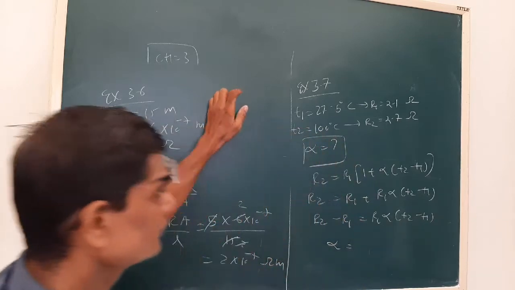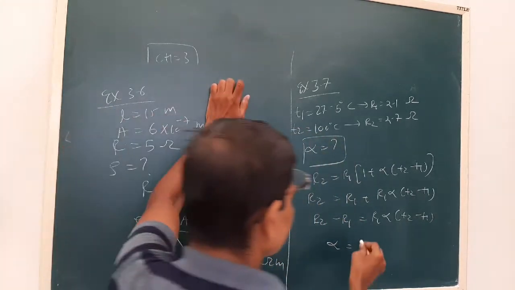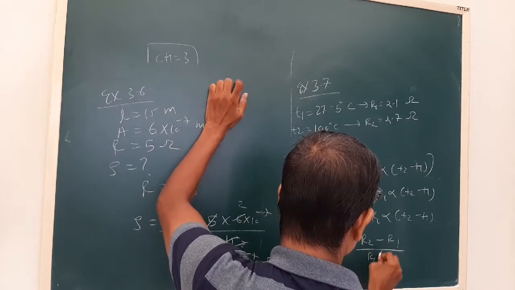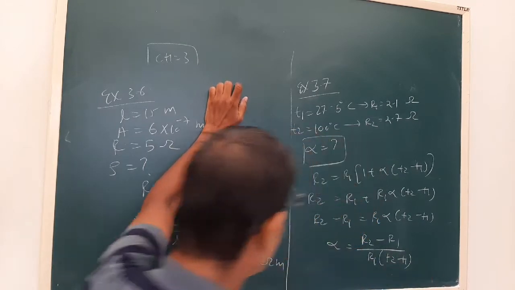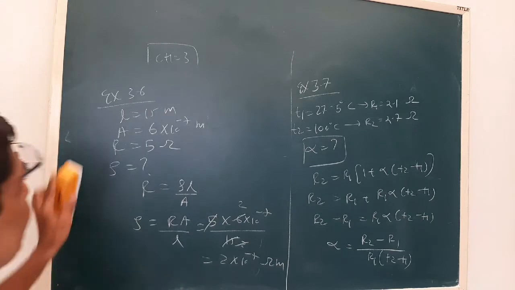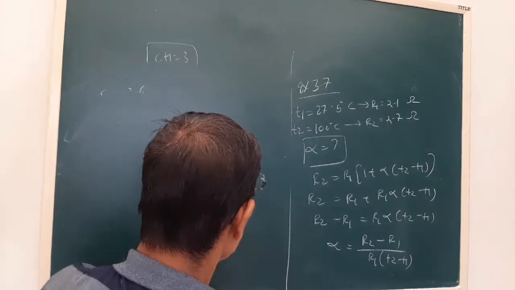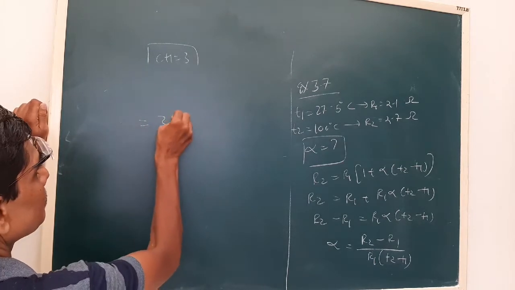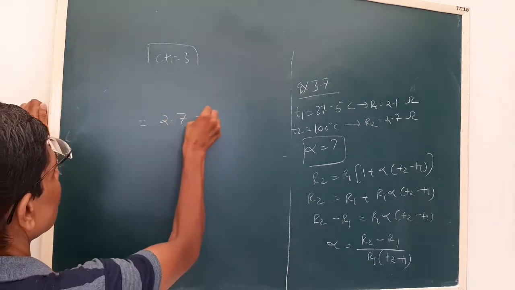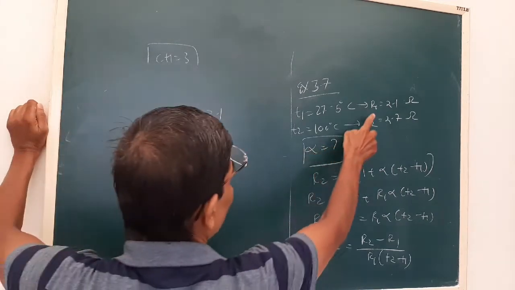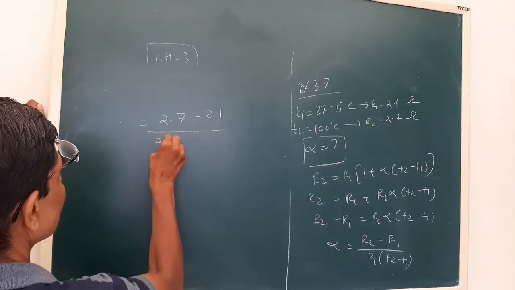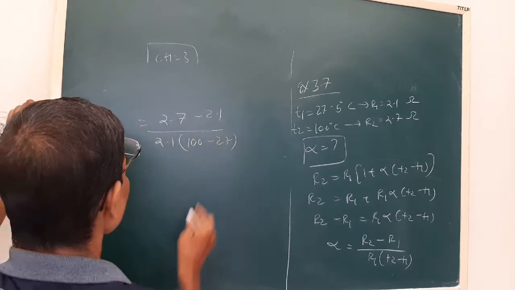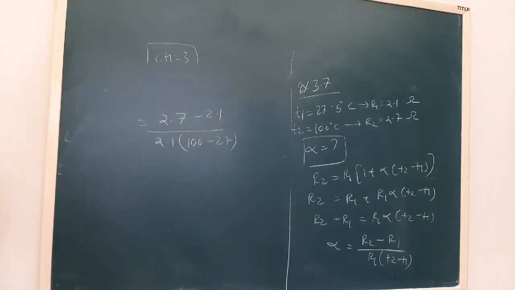Now we make alpha the subject of the equation: alpha is R2 minus R1 upon R1 into T2 minus T1. Now we substitute the values. R2 is 2.7, R1 is 2.1, upon 2.1 into 100 minus 27. Now we have to simplify.